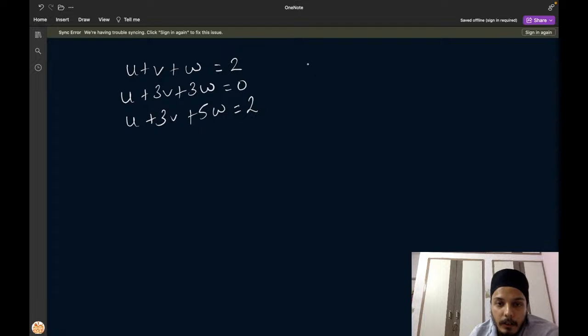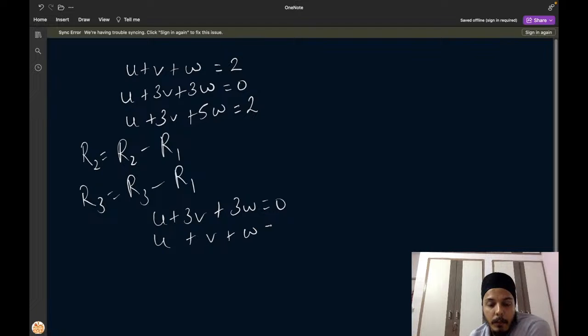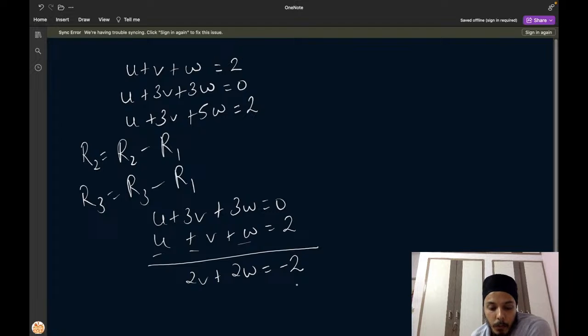Our operations will be R2 equals R2 minus R1, as the coefficient is the same, and R3 equals R3 minus R1. Let us do our first operation: u plus 3v plus 3w equals 0 minus u plus v plus w equals 2. Subtracting, we get 2v plus 2w equals minus 2.